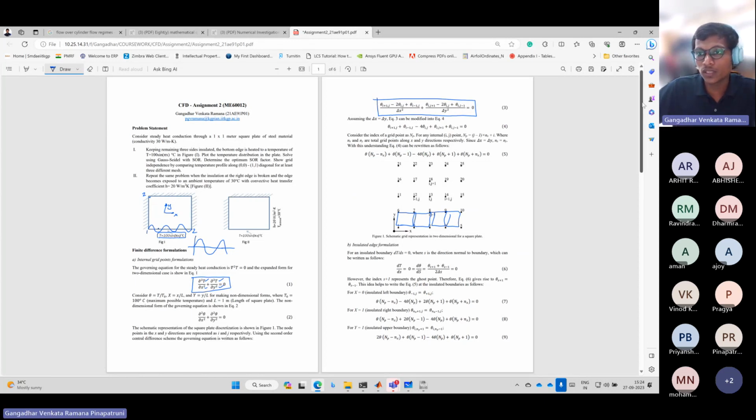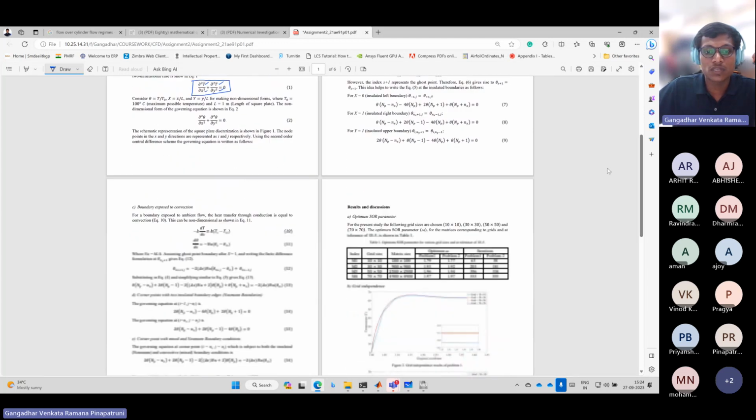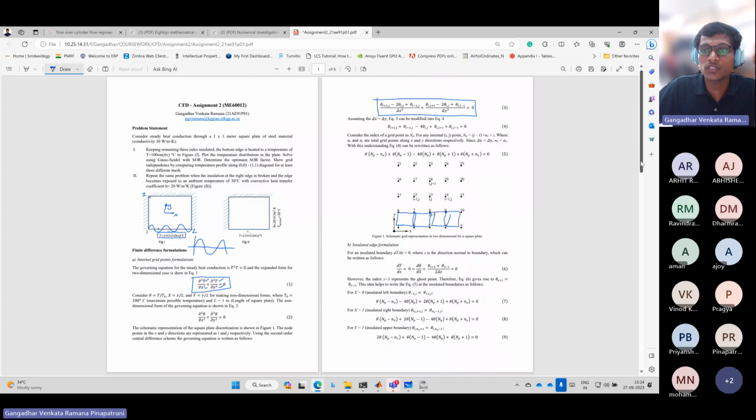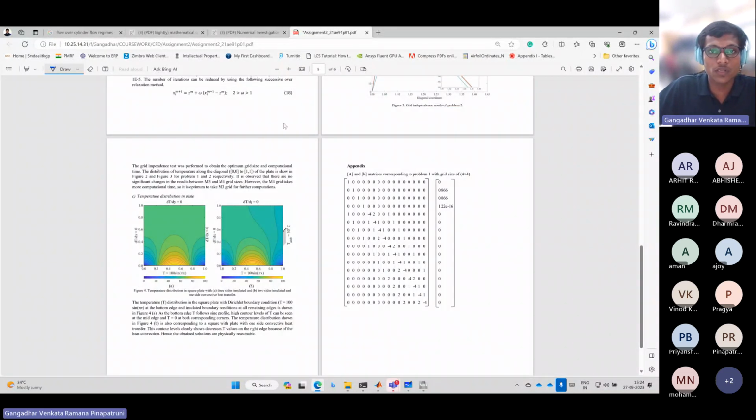After converting them, I solved it algebraically. Let's skip all those algebraic formulations, as those are not the theme here. Once you solve that, you will get the temperature distribution like this.